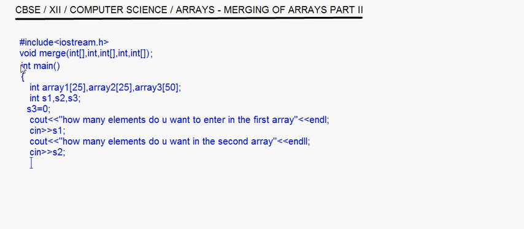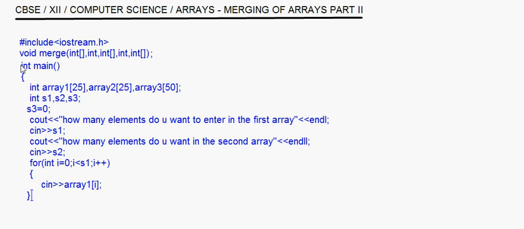After this, you can enter the elements into this array using your for loops. So I take for int i is equal to 0, i less than s1, i plus plus. Remember that this should be in ascending order. So here you say cin array1[i].